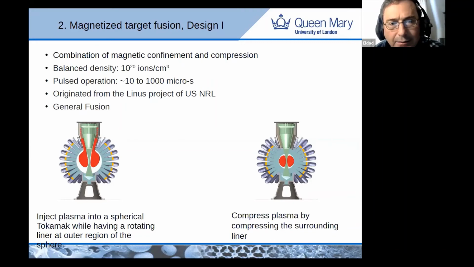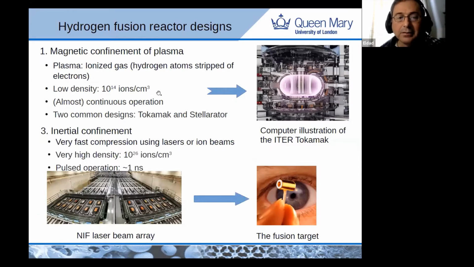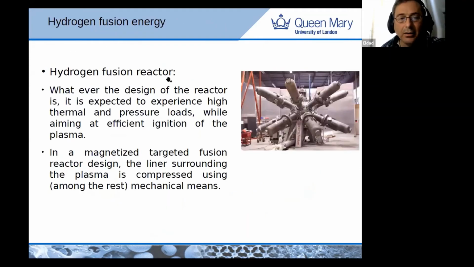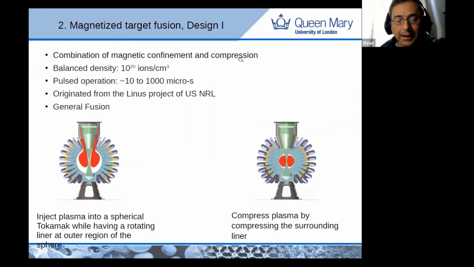They are trying to take the advantage of both sides, to take the magnetic confinement from here. So still using magnetic confinement, the plasma. The plasma is the gas that contains the isotopes of hydrogen that we want to compress, and also to compress using a mechanical compressor, in this case an acoustic compressor.